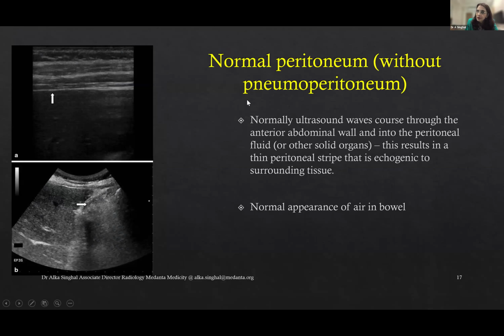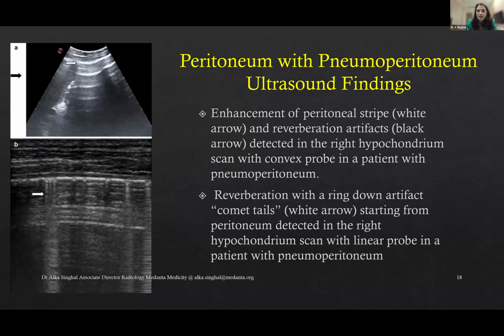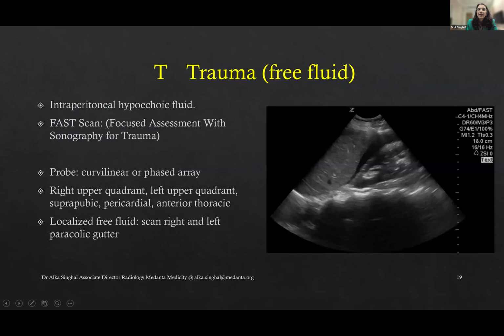We have a normal smooth A line, and the air is normally just seen enclosed within a bowel viscus, right? No free air, right? Coming to this next one, this is again the peritoneal stripe and then the A lines which are seen, right?